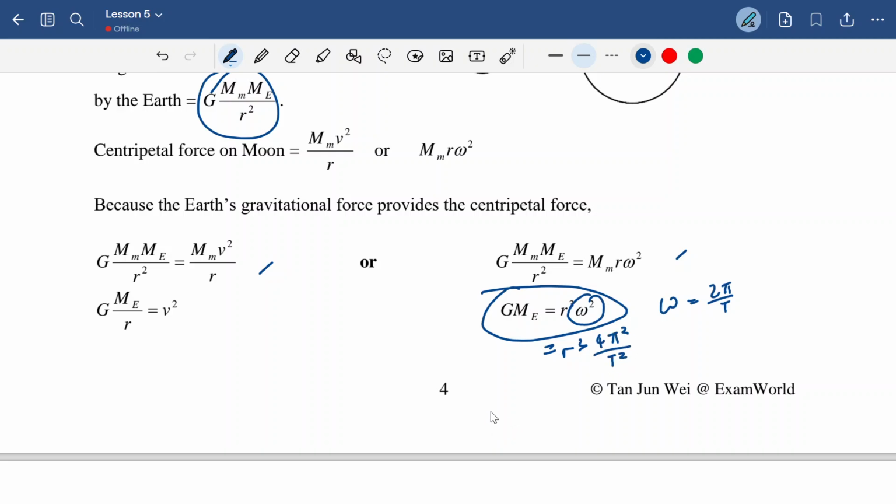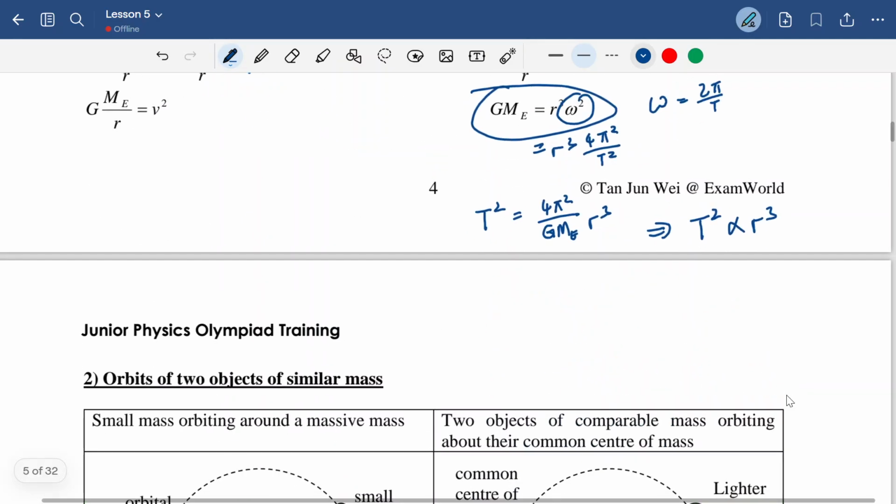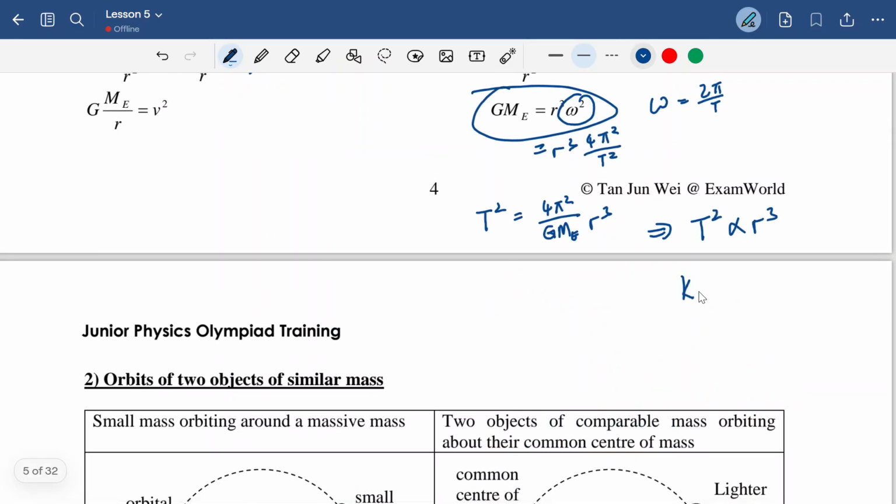We could rearrange to get T squared equals 4 pi squared over GM times r cubed. And this tells you T squared is proportional to r cubed. Just small r. So for orbits, T squared is proportional to r cubed. This is Kepler's third law.